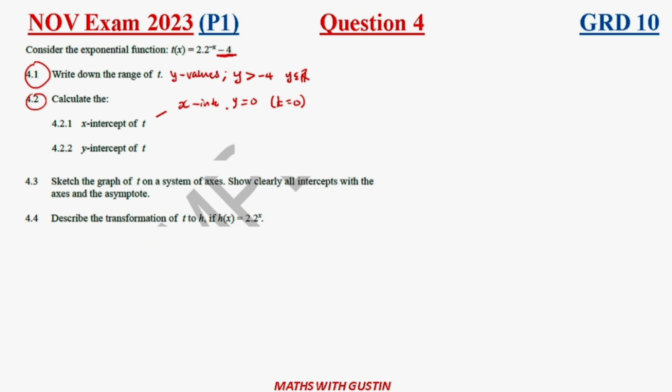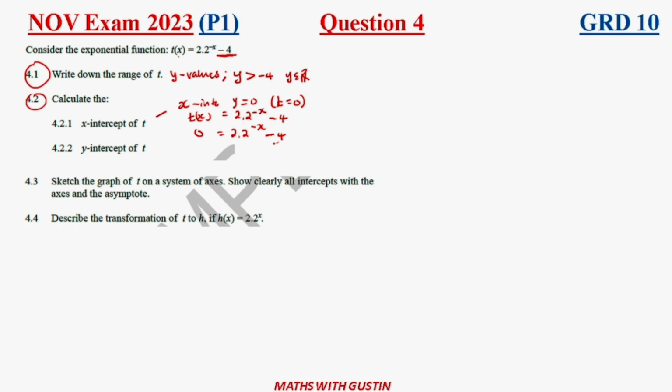So this here would have to be equal to 0. It's going to be t of x is equal to 2 times 2 to the power of negative x minus 4. So 0 is equal to 2 times 2 to the negative x minus 4.